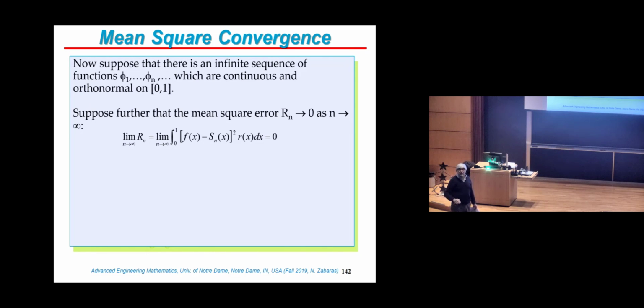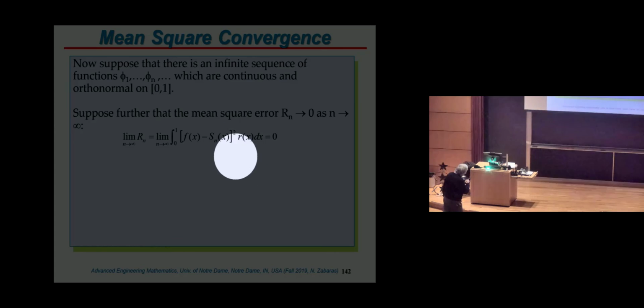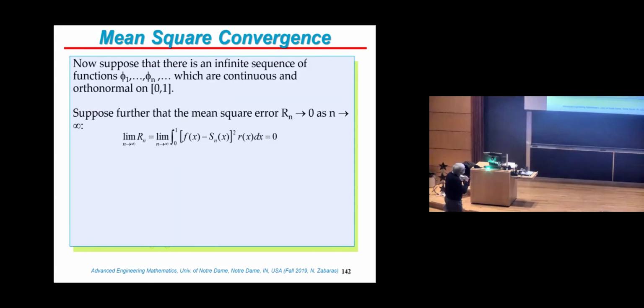An important statement: I doubt that in your graduate studies you will meet any functions with weirder conditions and smoothness than these L2 functions. So all the functions you will meet can be represented optimally in the mean square sense with these Fourier expansions.